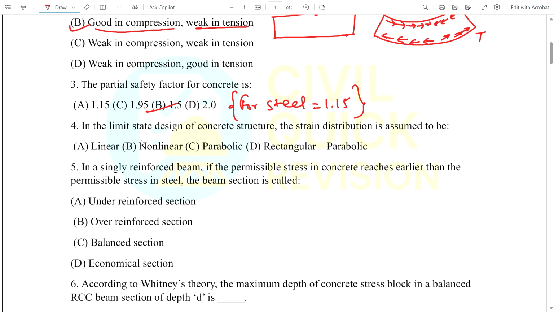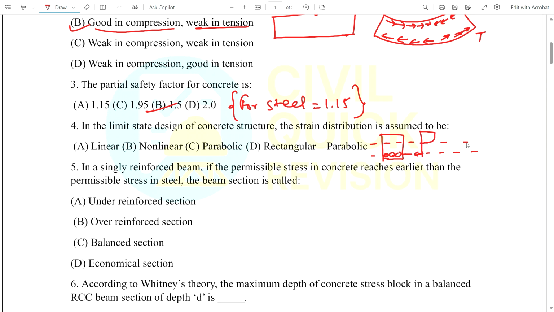Now coming to question number 4. In the limit state design of concrete structure, the strain distribution is assumed to be what? Linear, non-linear, parabolic or rectangular parabolic. As you all know, if we draw a beam section like this, these are the reinforcement. If I draw a beam like this, this is the stress diagram, which is rectangular and parabolic.